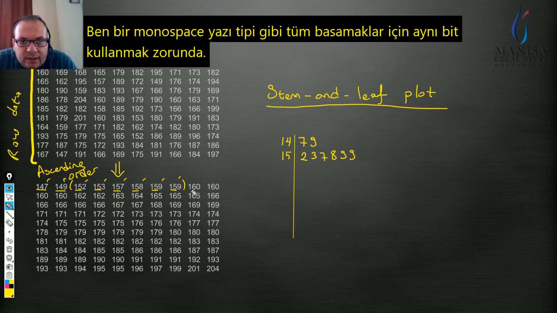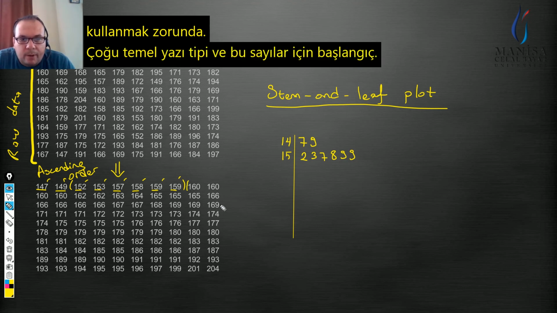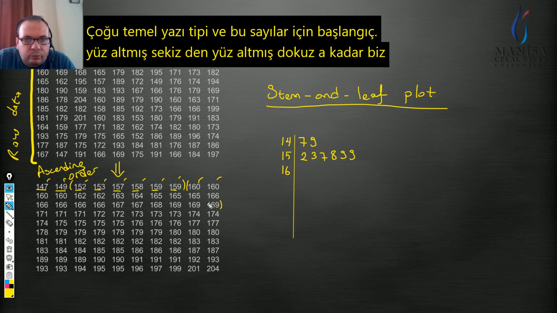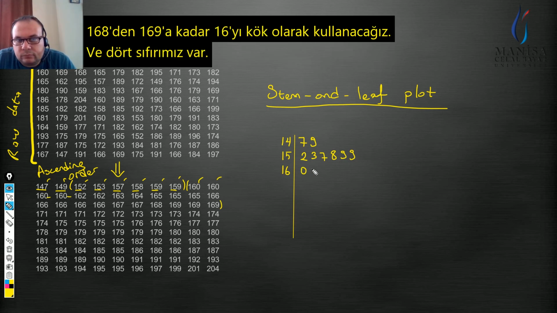And for these numbers, starting from 160 up to 169, we are going to use 16 as a stem, and we have 4 zeros, and I'm going to be very careful to use the same width for all digits.